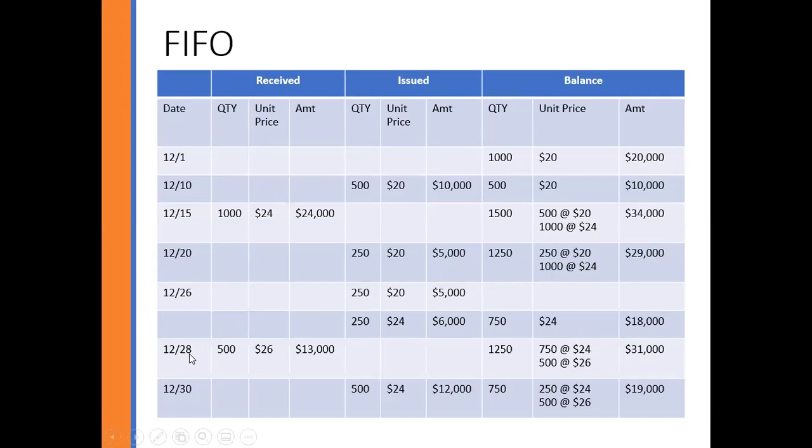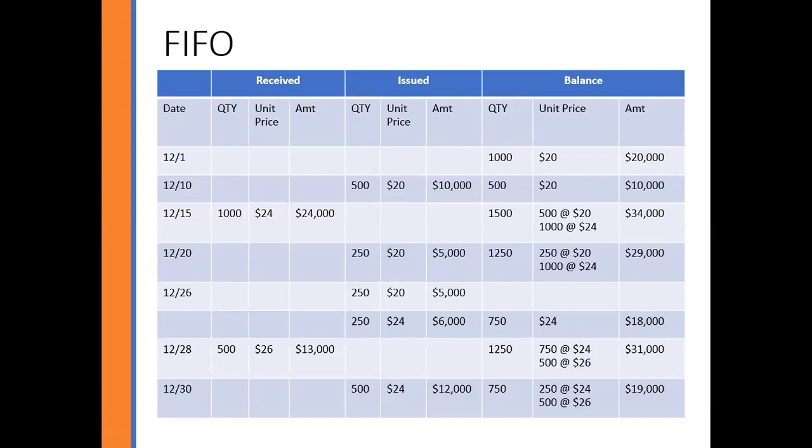All right, now December 28th, we purchase 500 units at $26 each. That's a cost of 13,000. We had 750 and we just made another 500 unit purchase, so now we're up to 1,250. Of those 1,250, 750 cost us 24 each and 500 cost 26 each. We do the math on that, and now we've got a balance of 31,000.